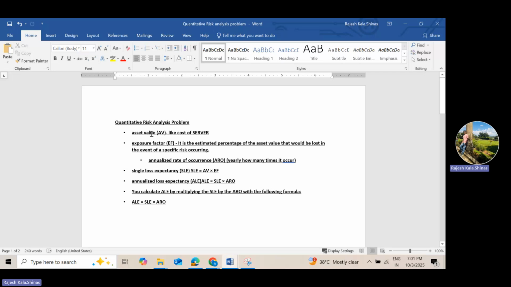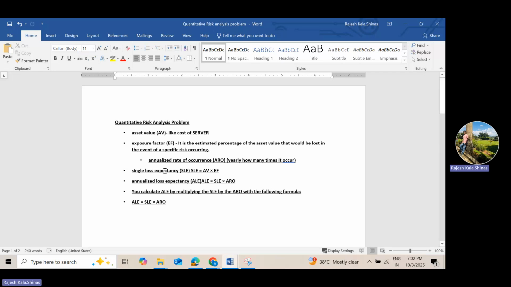If I take a server, what is the cost of the server in dollars? Exposure factor: if a risk occurs, how much percentage of asset value will be lost, like 50%, 20%, 30%. Then annual rate of occurrence, ARO, means in a year how many times this type of risk occurs.